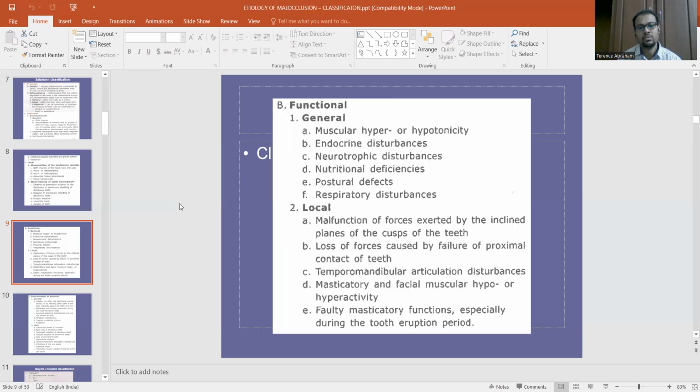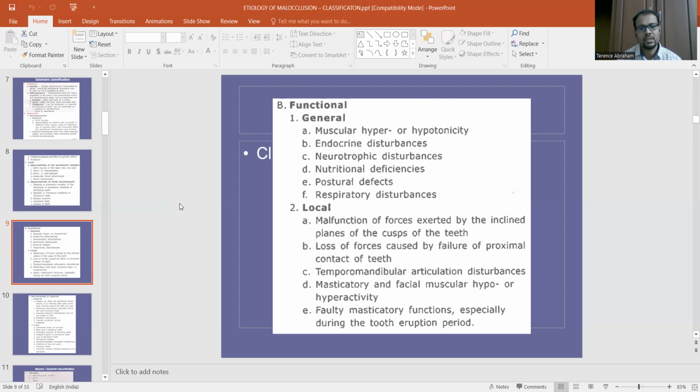All these can cause various malocclusions. Respiratory disturbance, for example, if there is any nasal polyp, the patient has a continuous rhinitis problem, tonsillitis, adenoiditis, all these tend the patient to become a mouth breather, which later causes various malocclusions.